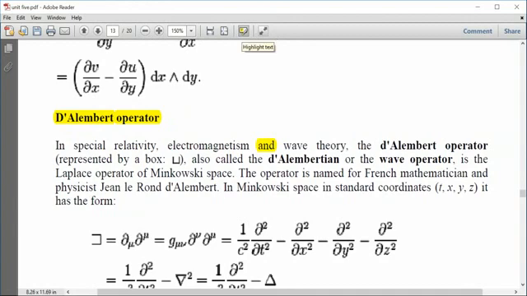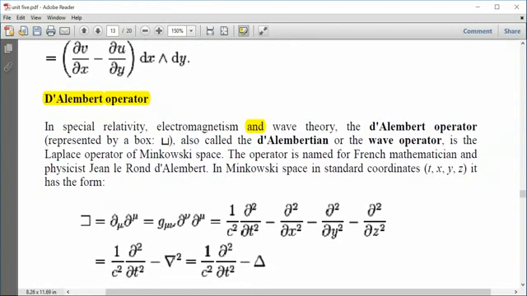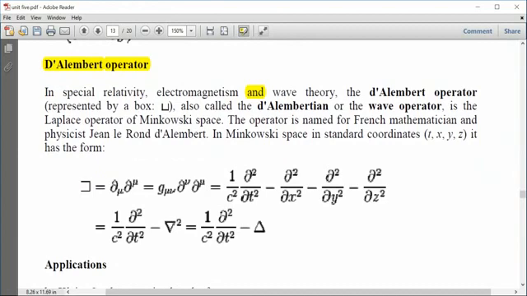As the notes indicate, it appears in special relativity, electromagnetism, and wave theory. So it is actually a physics concept. However, we can apply the invariant formula.